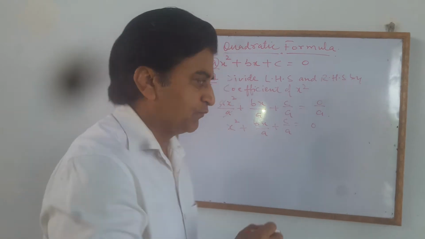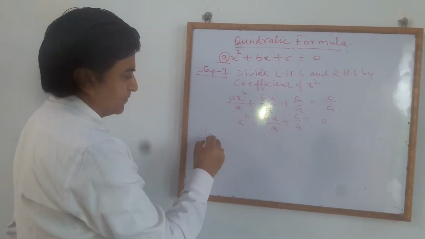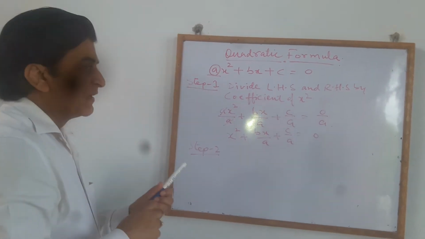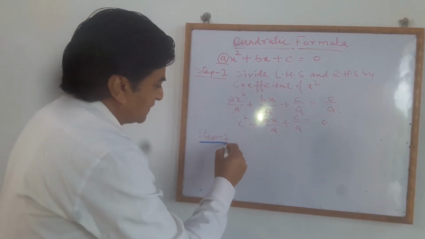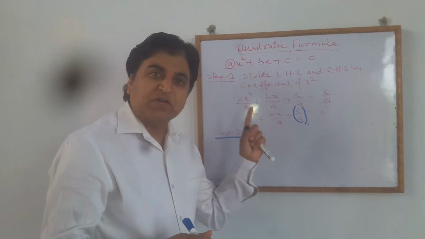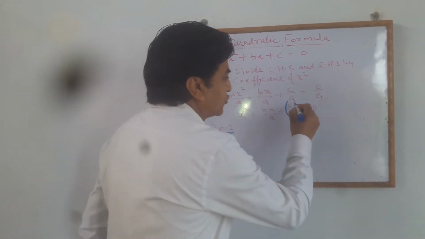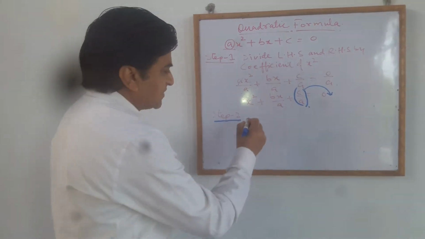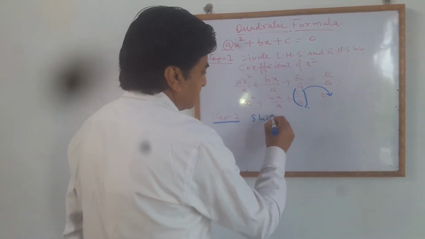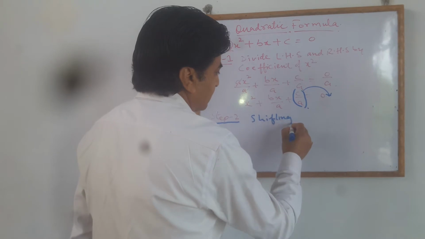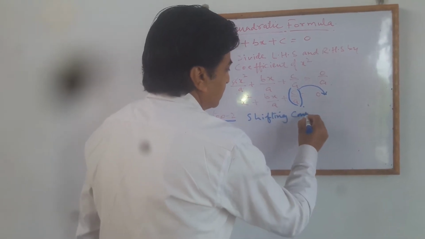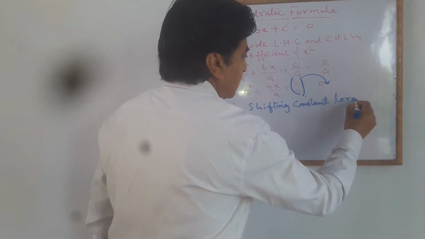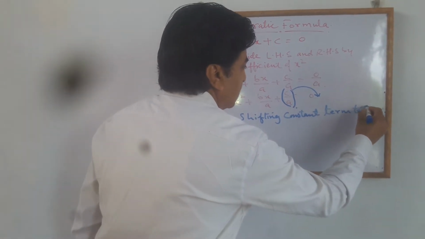Now step 2. Step 2 says that we have to shift the constant term to the right hand side.